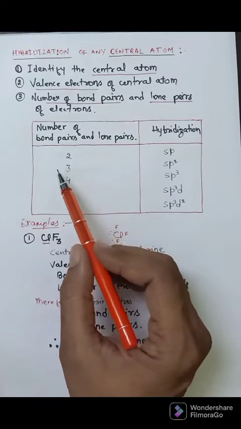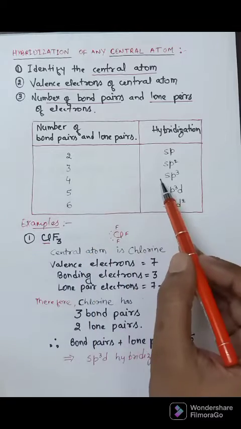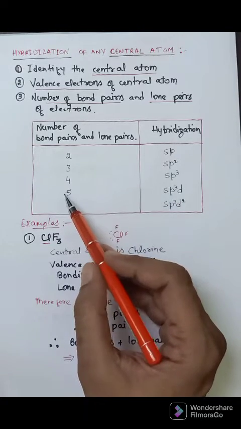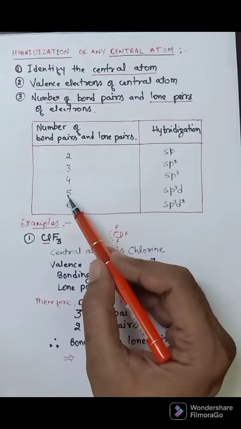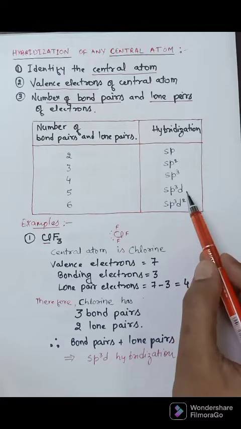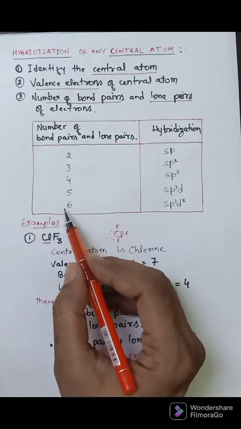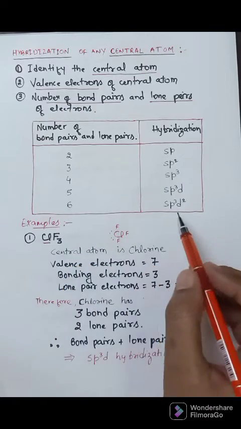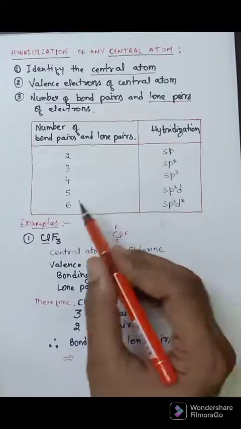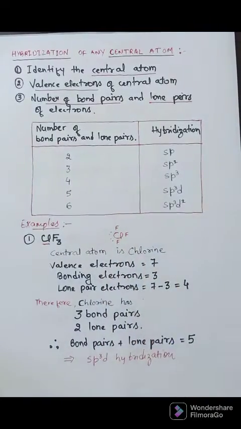If it is equal to 4, then the hybridization will be sp3. If the number of bond pairs and lone pairs is 5, then we have hybridization sp3d. And if the number of bond pairs and lone pairs is equal to 6, we have hybridization sp3d2. So you just have to memorize this table, which is very important.